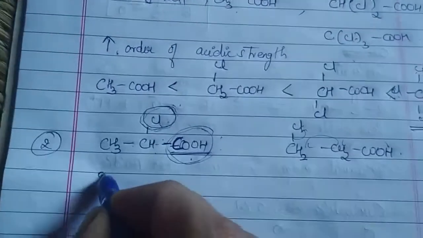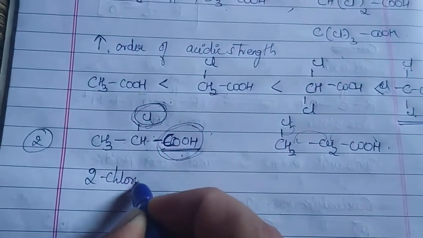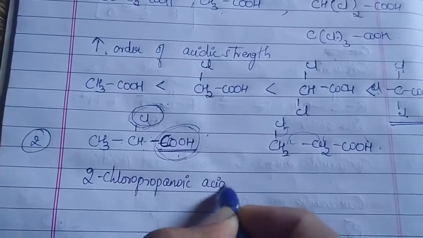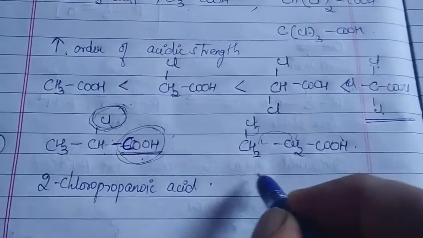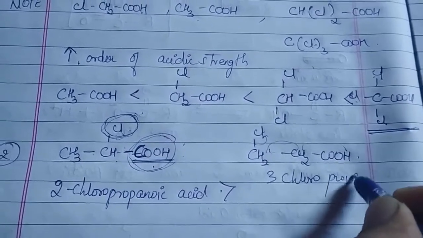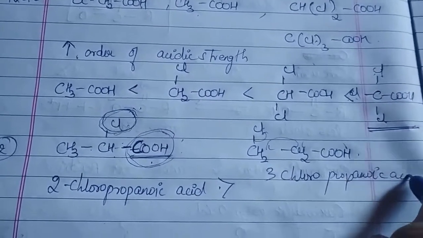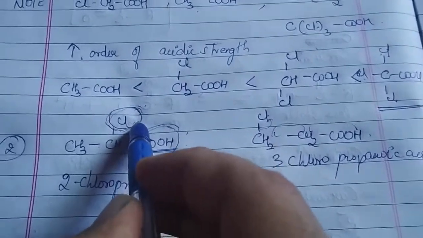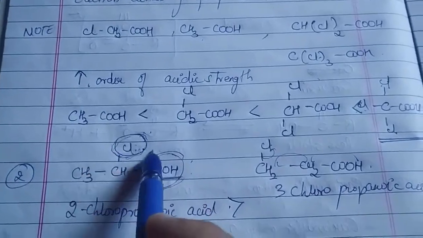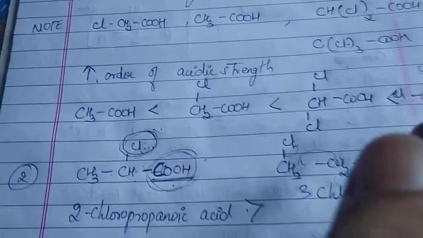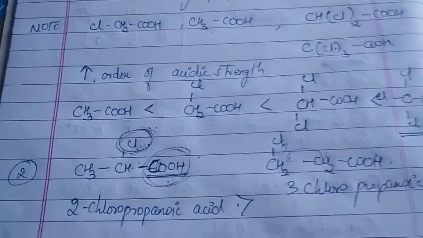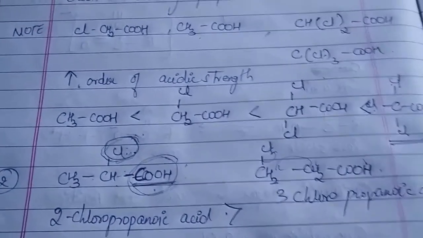Therefore 2-chloropropanoic acid will be highly acidic compared to 3-chloropropanoic acid. Make a note: the closer the electron withdrawing group to your carboxylic group, the stronger the acid. Very much important.